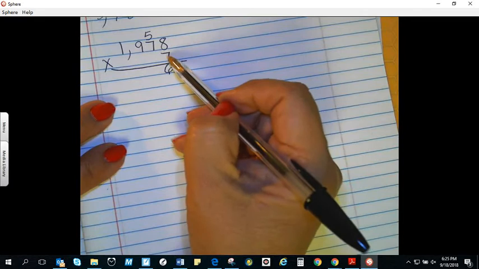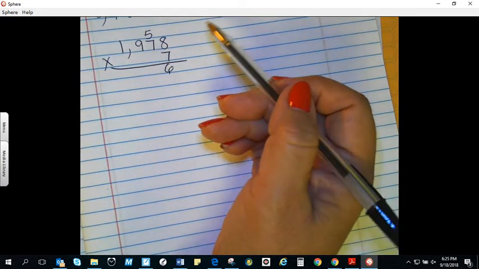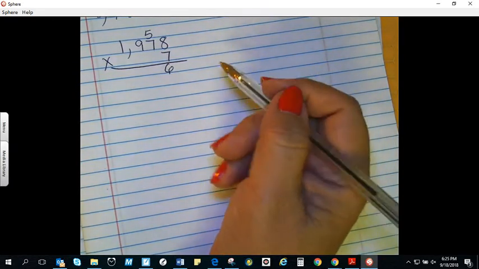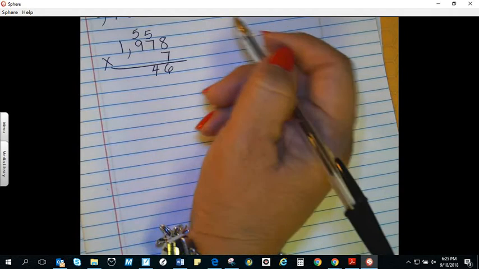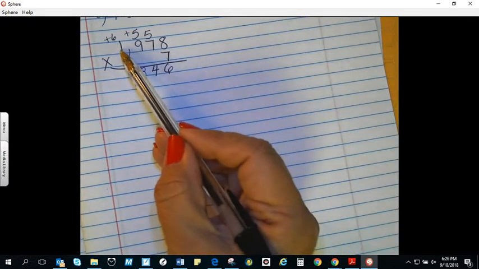I'm going to carry my 5, regroup it. 7 times 7 is 49. 49 plus 5 is 54. Regroup my 5. 9 times 7 is 63, plus 5 is 68. Regroup my 6. 7 times 1 is 7, plus 6 is 13.